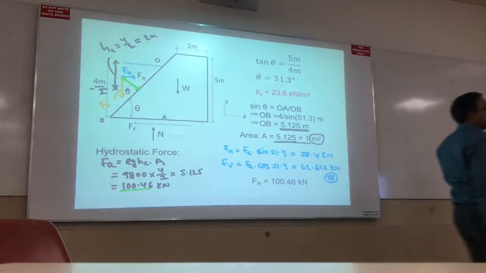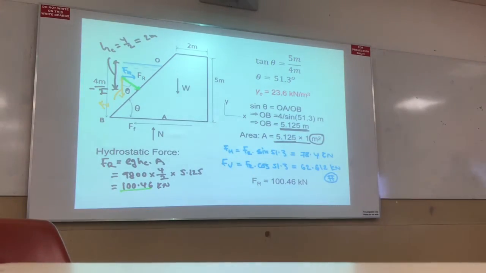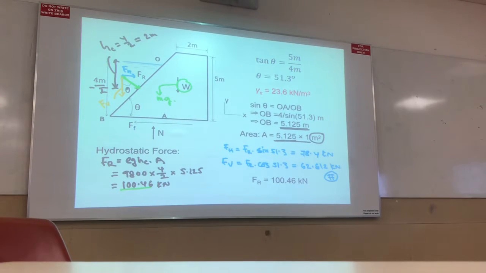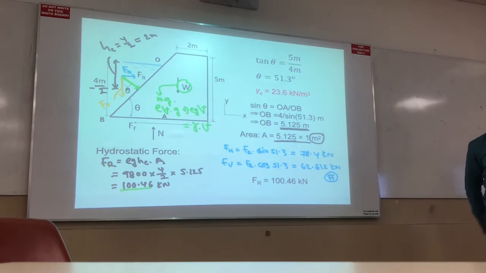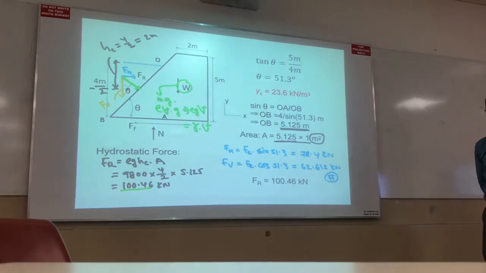So weight is mg. What is the value of m? Okay, I show you here first, and later I show you. M times g. What is m? Rho v. Correct. Then rho g v is equivalent to gamma times v. Gamma is given, right? 23.6 kilonewton per meter cube. Then gamma is given. What is the volume?